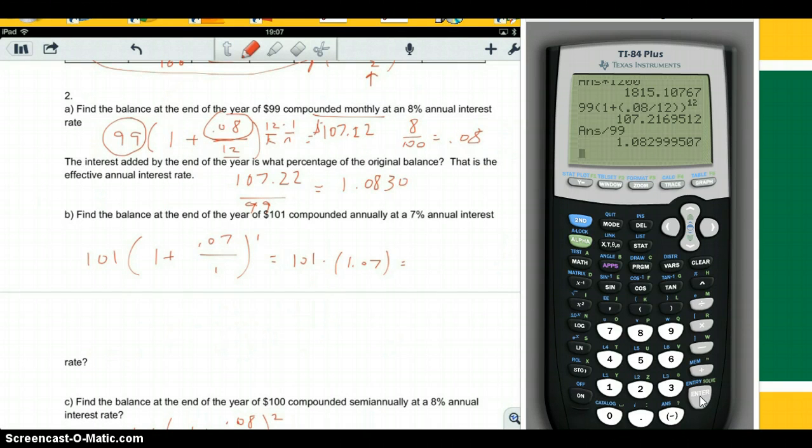Okay, and so now how do I change that into the annual interest rate? Well, this is equal to 108.30%. Okay, how we get that is we just multiplied the 1.083 times 100.